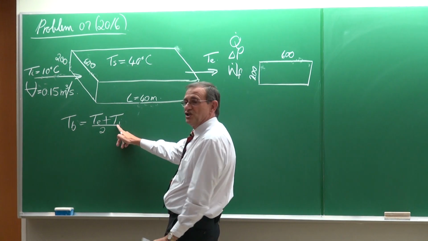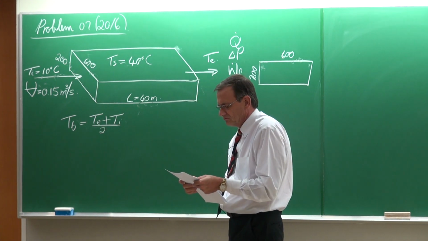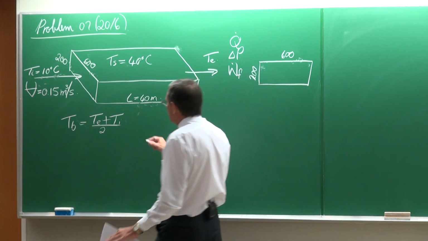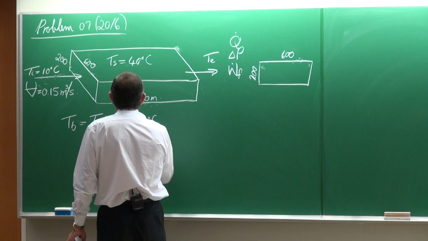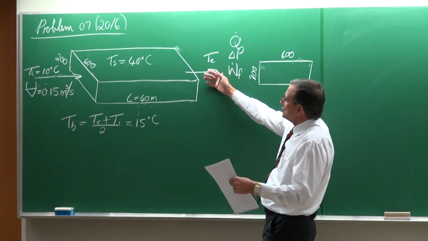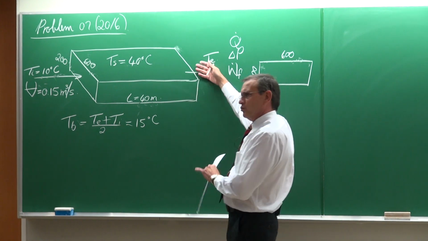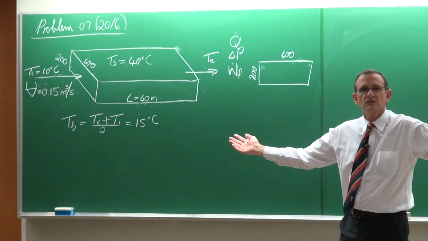We've got the inlet temperature as 10, but we do not have the outlet temperature. So what I'm going to do is select 15, because I'm going to choose an outlet temperature of 20. So 20 plus 10 is 30, divided by 2 is 15. That was just my selection.